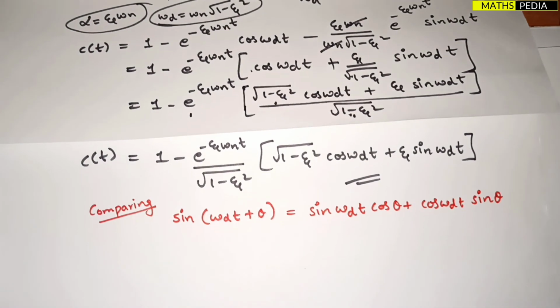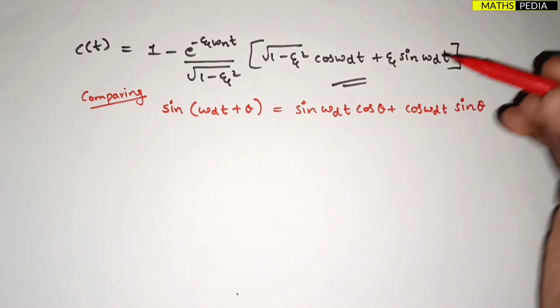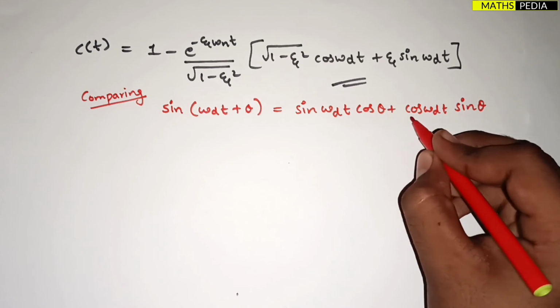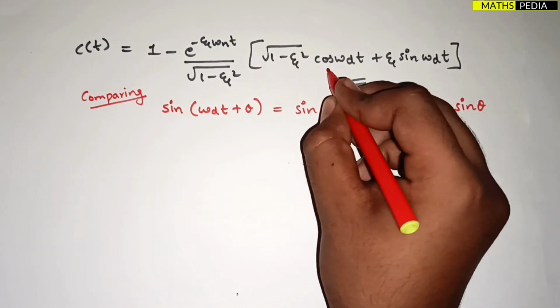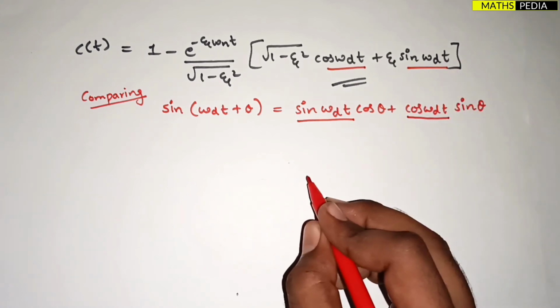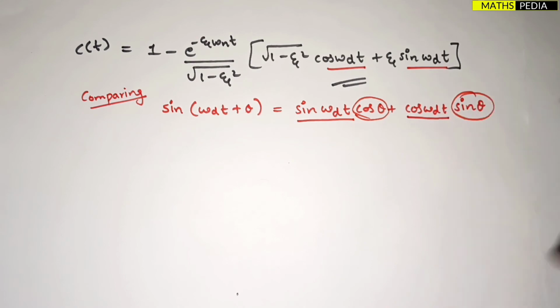Now as you observe these two equations, you can observe cos omega d t, cos omega d t, sine omega d t, sine omega d t. Now, what will be cos theta and sin theta?